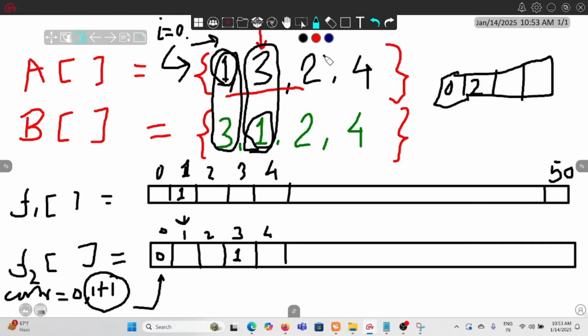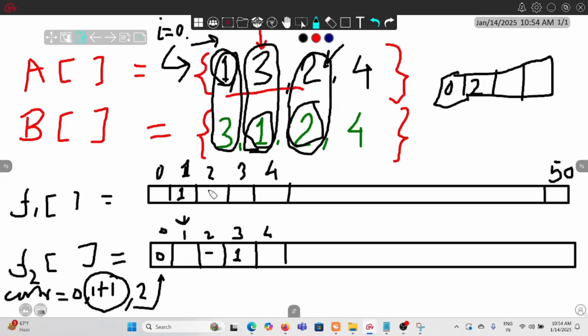Now we are coming to this pair. See here, cur is currently 2, correct? But we are coming to this pair. So we will check, has 2 appeared here? No, 2 has not yet appeared here. No problem. Then we will check for this pair. When we checked here, 2 had appeared, it was not available here.